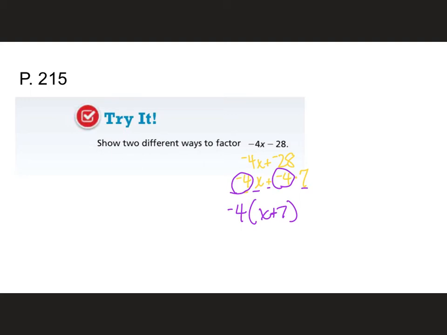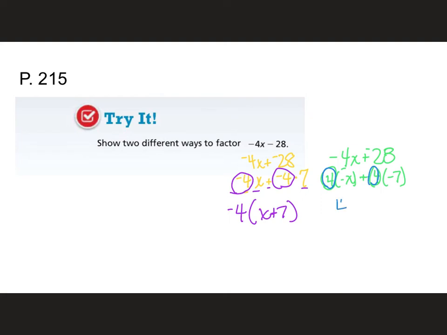The other way is to say, okay, so negative 4x minus 28. Well, that's really a 4 times negative x. And then plus negative 28, so I would have 4 times what? Well, times negative 7. So now my common factor is 4, which is positive. So I have 4 here and 4 here.